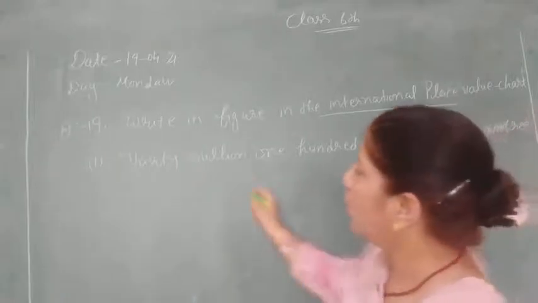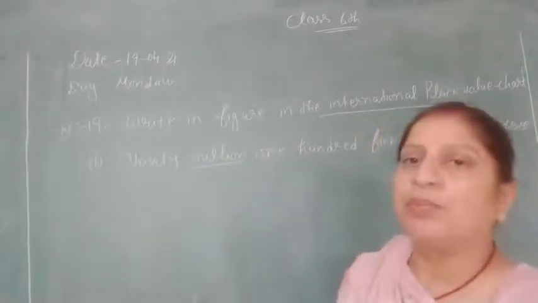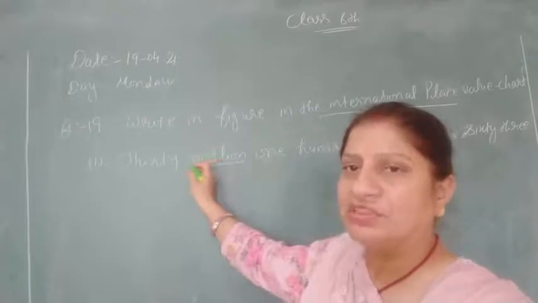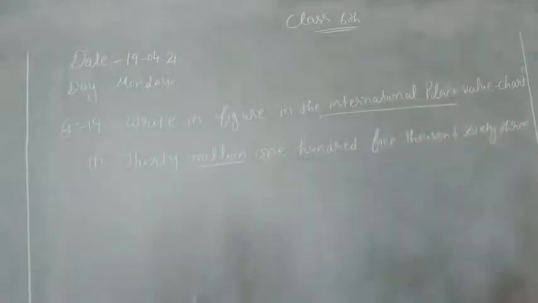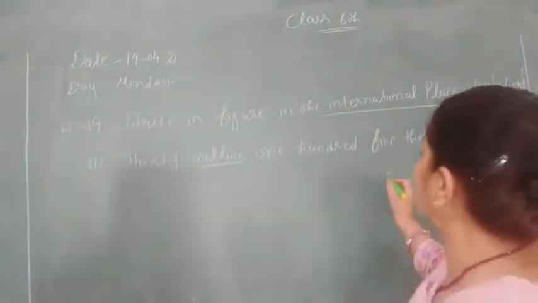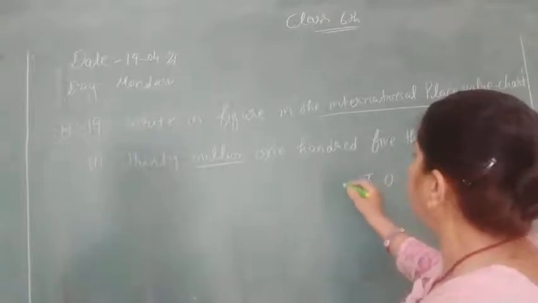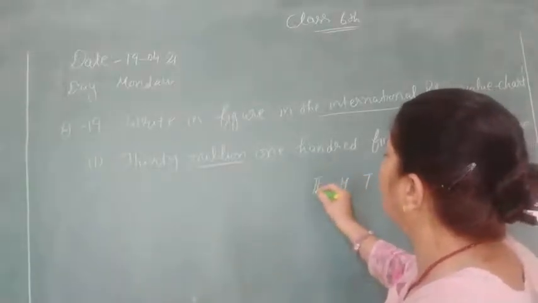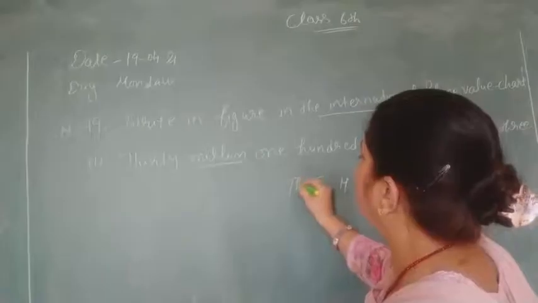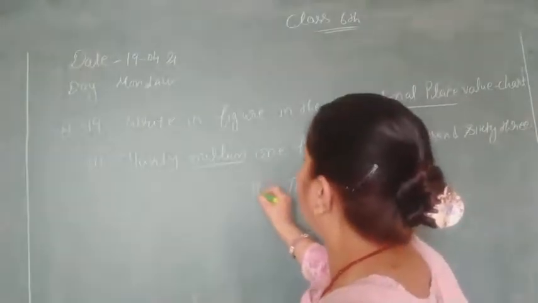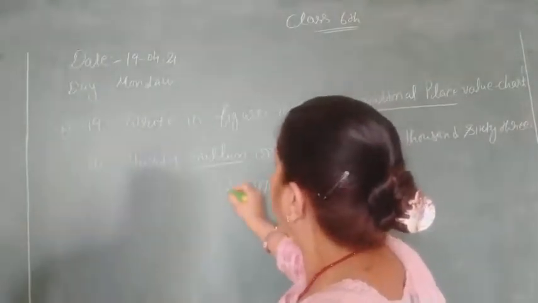30,105,063. Now here we see that our places go up to the place of million. So first we write here the places: ones, tens, hundreds, thousands, 10,000, then 100,000, then million.